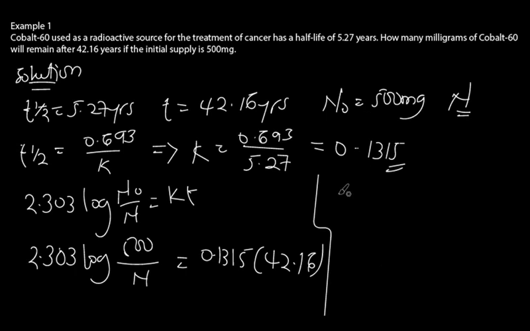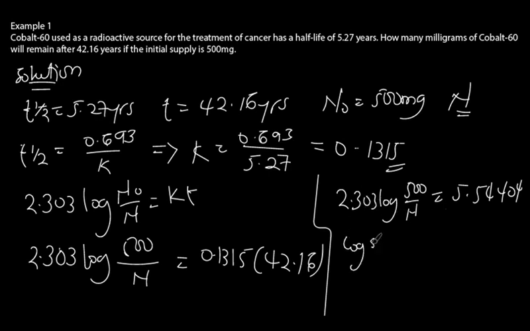So we have 2.303 log 500 over N is equal to 5.54404. We divide both sides by 2.303, so log 500 over N is equal to 5.54404 divided by 2.303, so we get 2.40731.